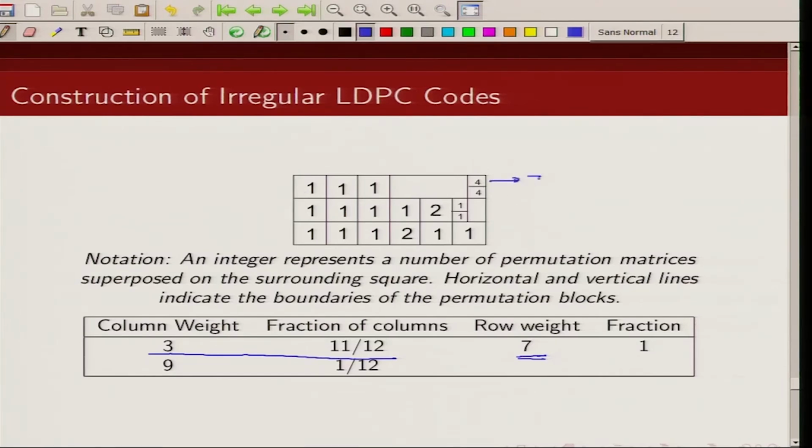Each of the rows here has weight 7, and all of these columns from here to here have column weight 3, and this has column weight 9, 4, 4, and this will have weight 1. So, we can use random permutation matrices to construct irregular LDPC codes as well.